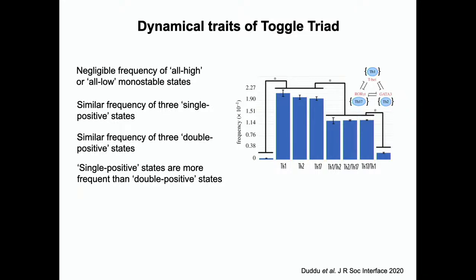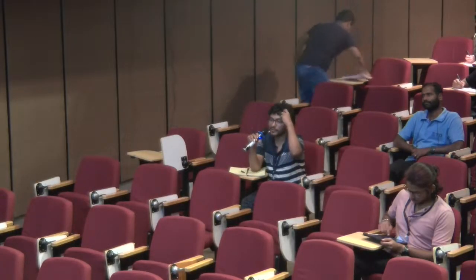So when all the proteins are active, the chances are very low. And if all are inactive, the chances are also very low. Yes. So is this similar to what an XOR might do?